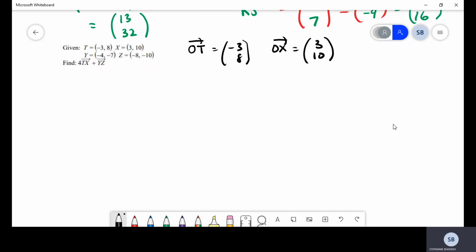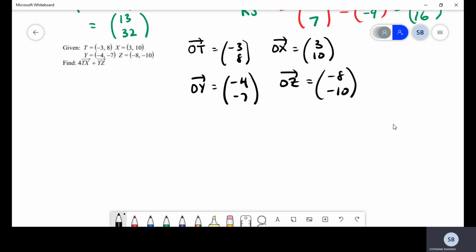Very straightforward. Just write it from horizontal into vertical and put an O in front. OY becomes -4, -7, and similarly OZ becomes -8, -10. So I have written all my coordinates as column vectors. They are all position vectors because they start from O.